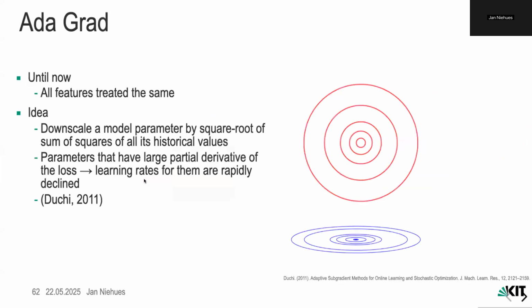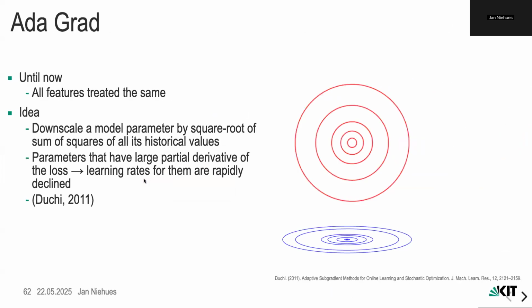Good. What we have done until now, I mean, maybe there was a bit the idea from the 1D case, but to be honest, we have a very high dimensional case. And there it might be good not to use the same learning rate in all the directions.